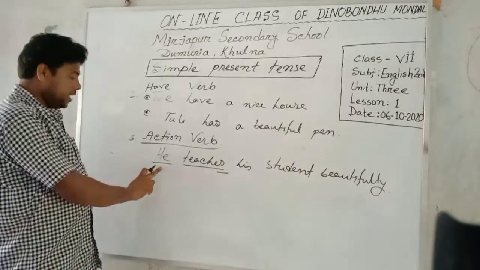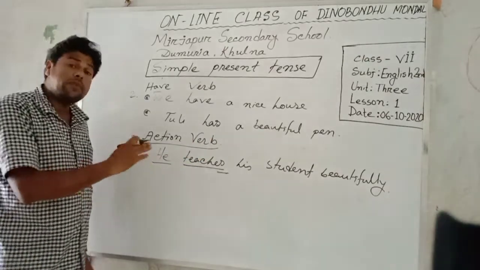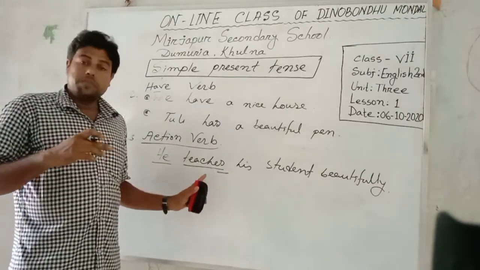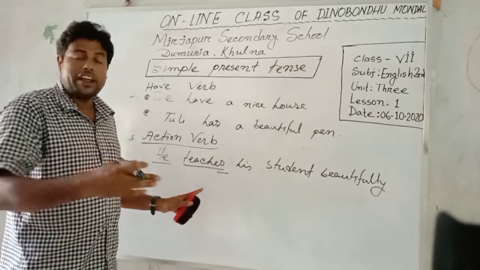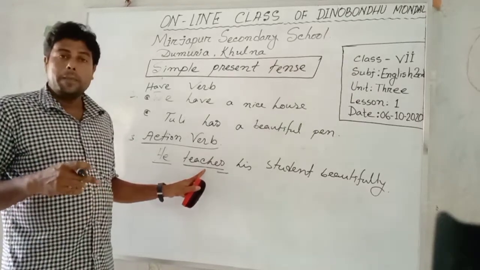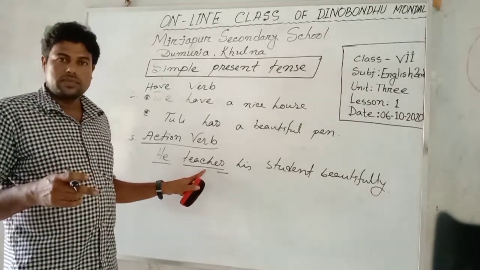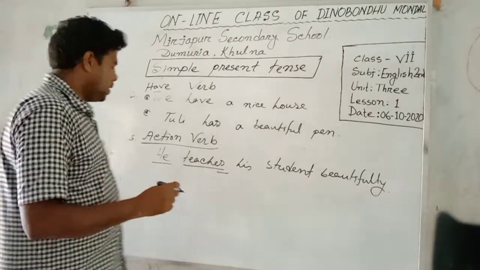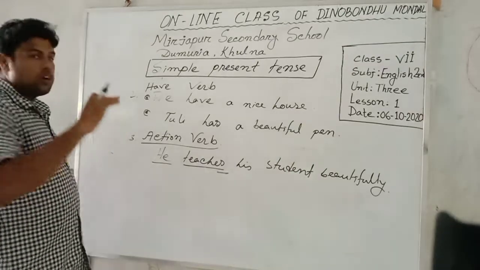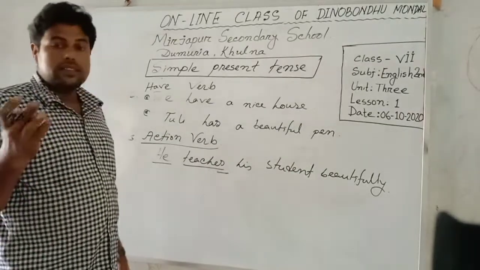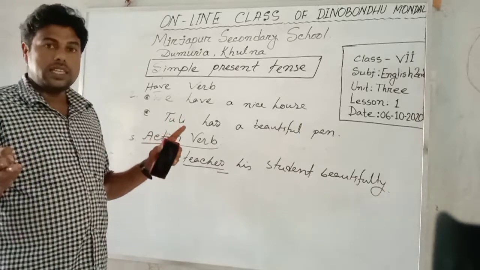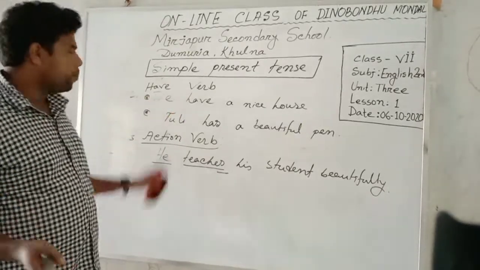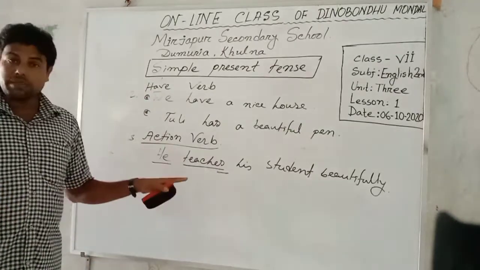And if the subject of the sentence is third person singular number, then it will take s at the end of the action verb. So it's clear? Thank you. Now, we have learned there are three forms used in simple present: be verb, have verb, and action verb.